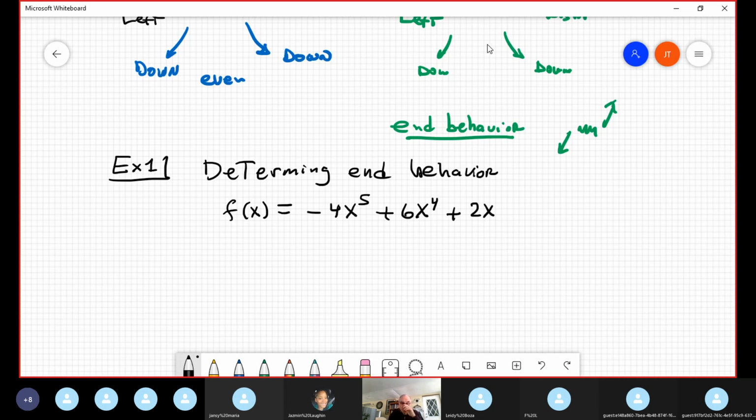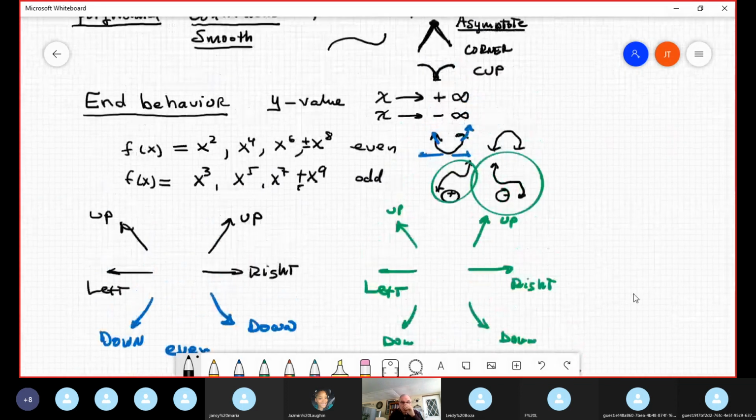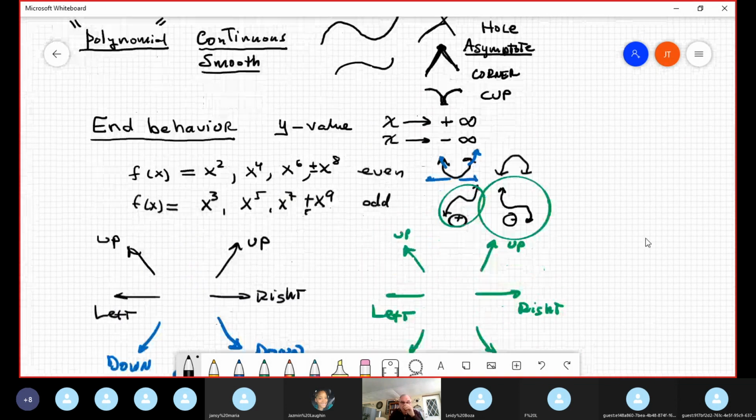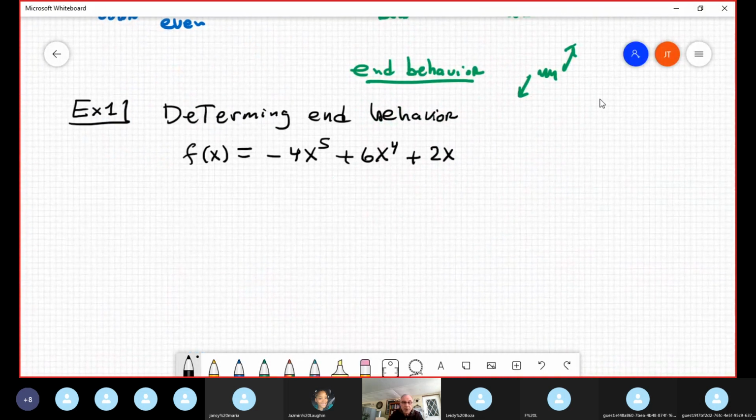By the way, it was the first example we studied, no? Here to illustrate the idea for the degree. It's degree 5. So, what is the end behavior?